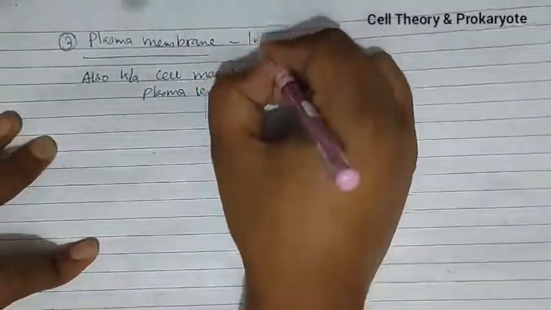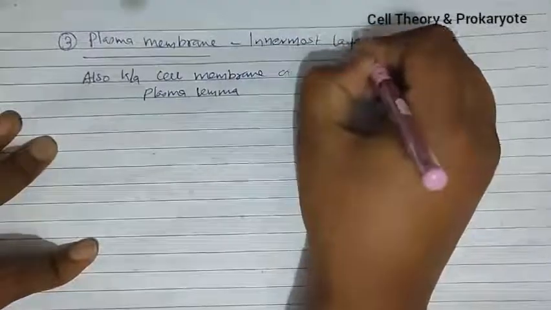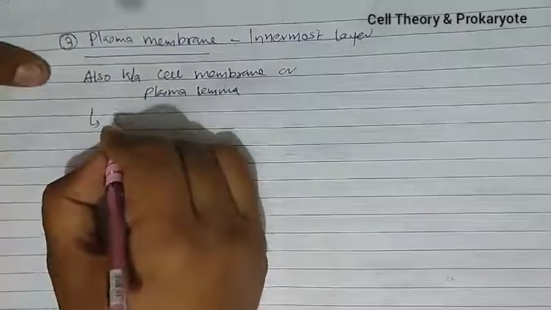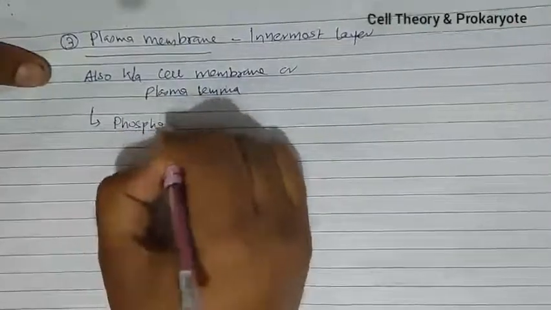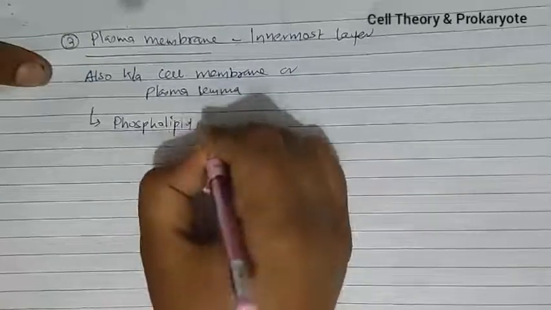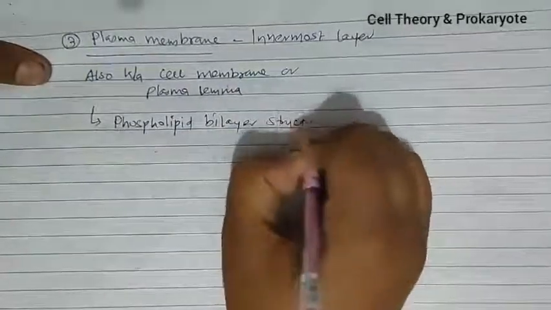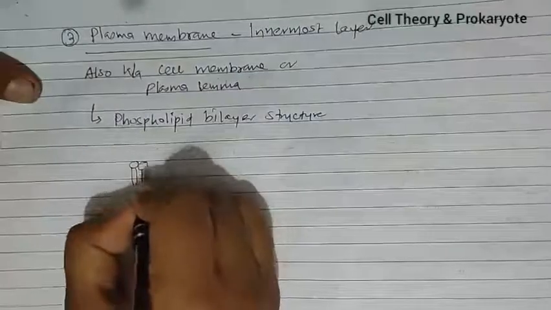It is the innermost layer of cell envelope. Now this plasma membrane has a phospholipid bilayer structure. Now this phospholipid are arranged somewhat like this.